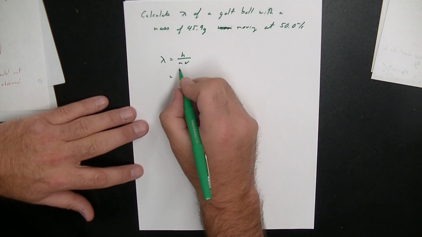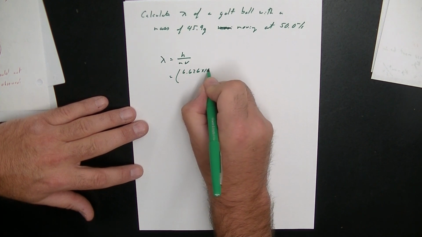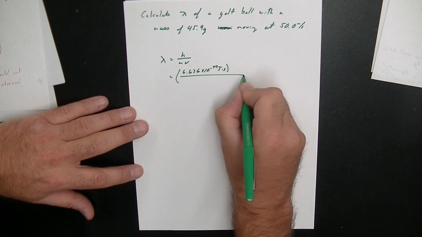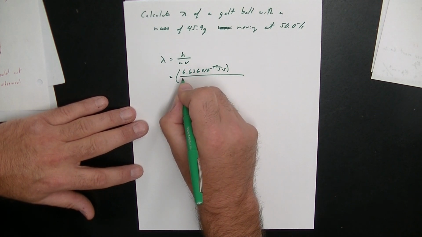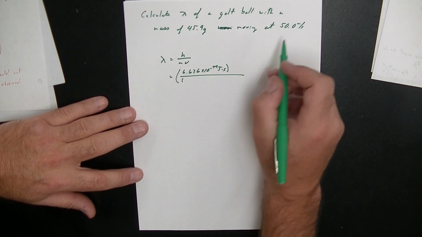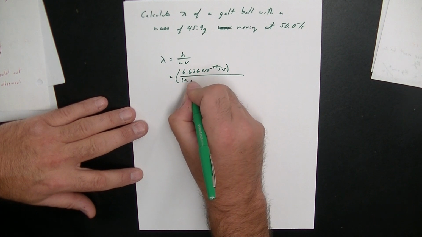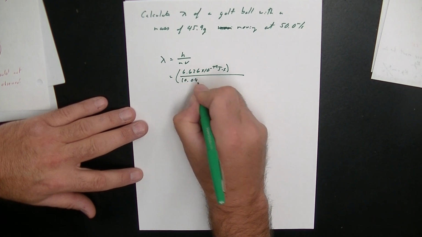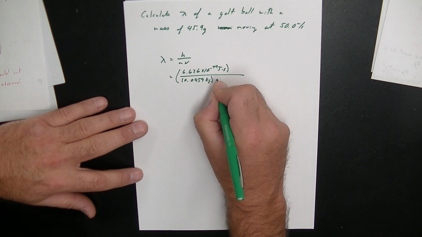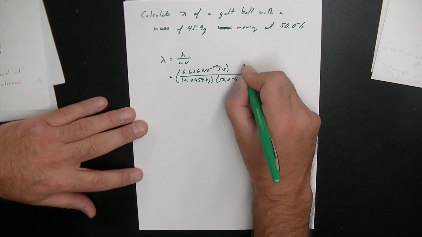We know h, 6.626 times 10 to the minus 34th joule seconds. We know its mass. It's given to us in grams, so we have to put that in kilograms, which is 0.0459 kilograms, times 50.0 meters per second.